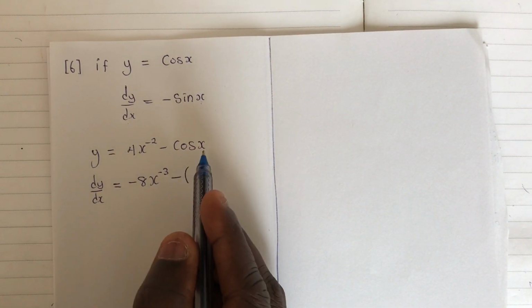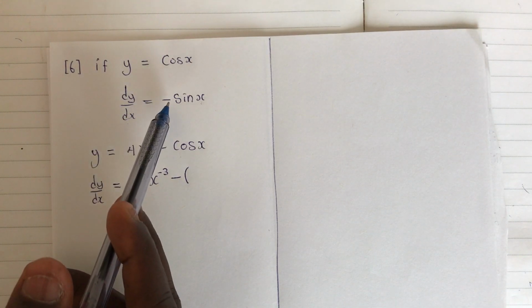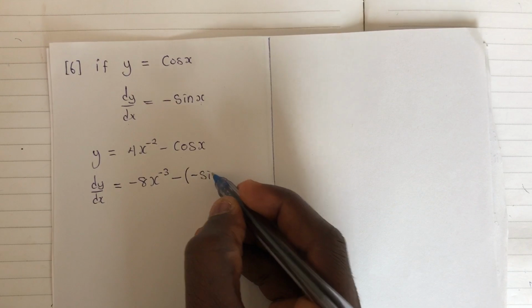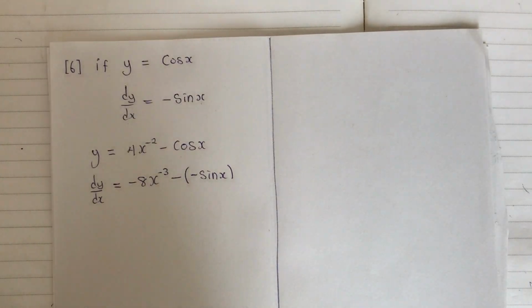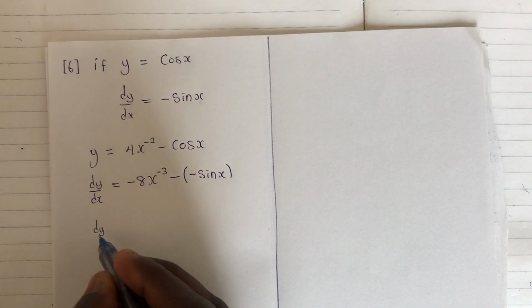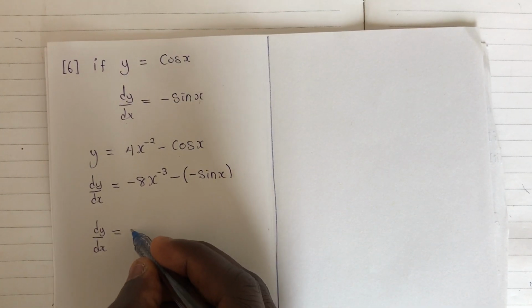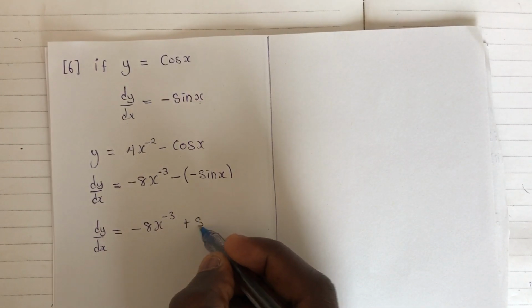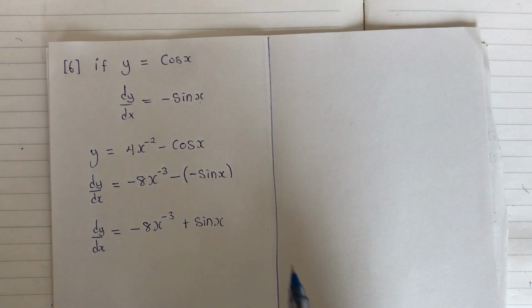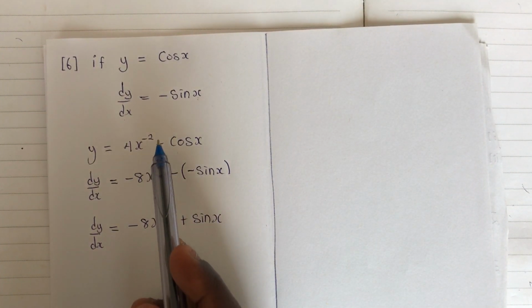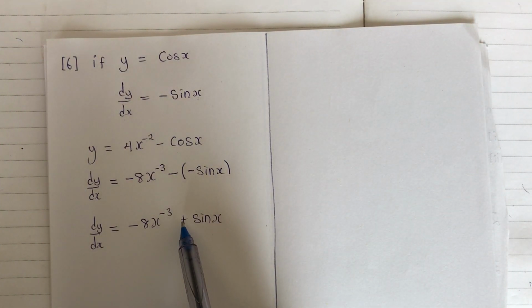Now when you differentiate cos, what do you get? You get minus sine, the same variable. So minus sine x. You see? So this can now cancel this one, giving me dy/dx equals minus 8x to the minus 3 plus sine x. Now this thing changed to positive because of this negative sign. So if this side was supposed to be positive or plus, then this side will remain what?